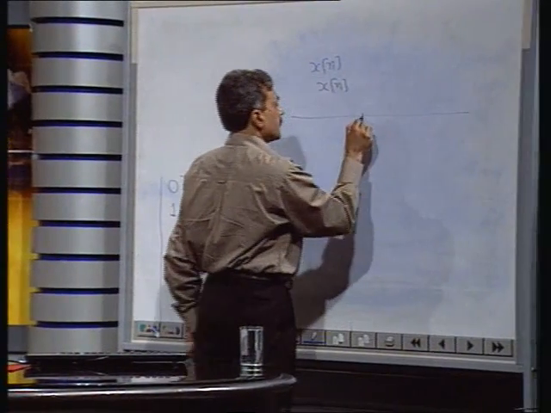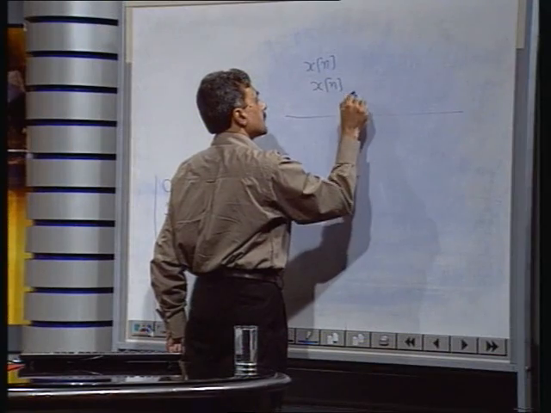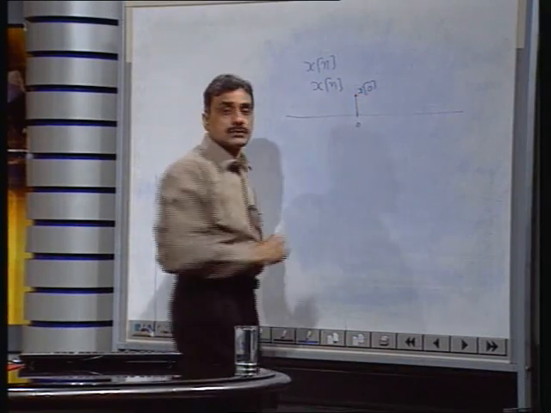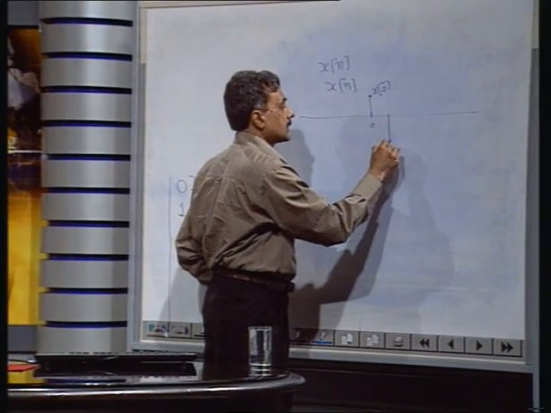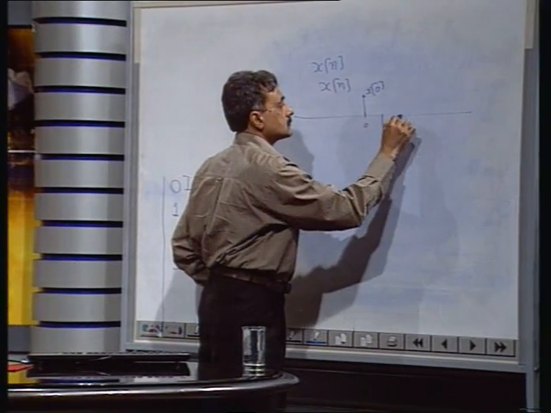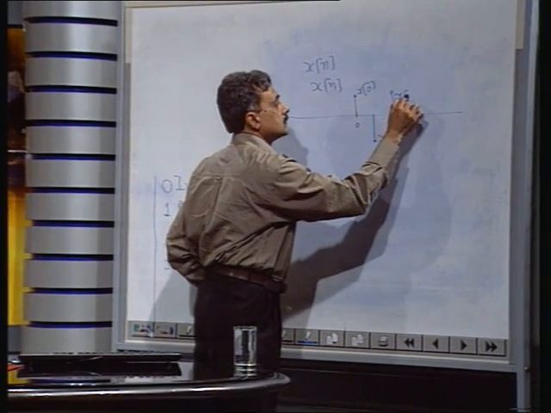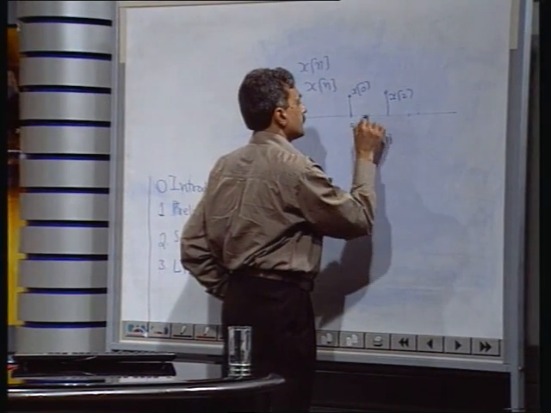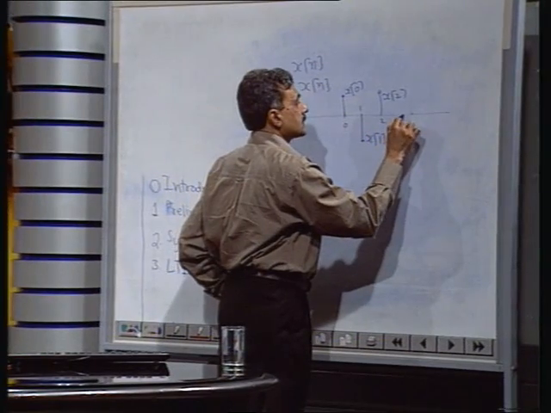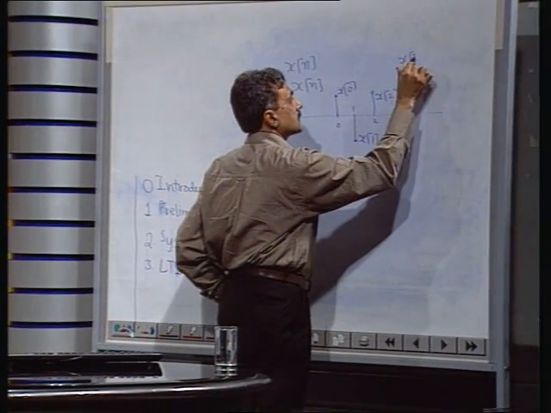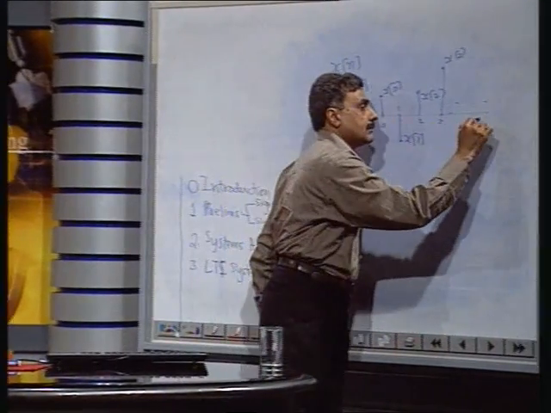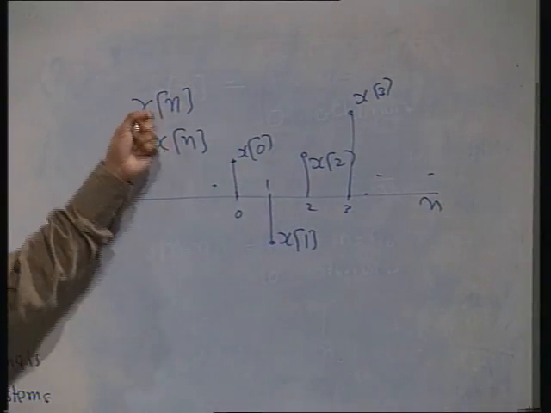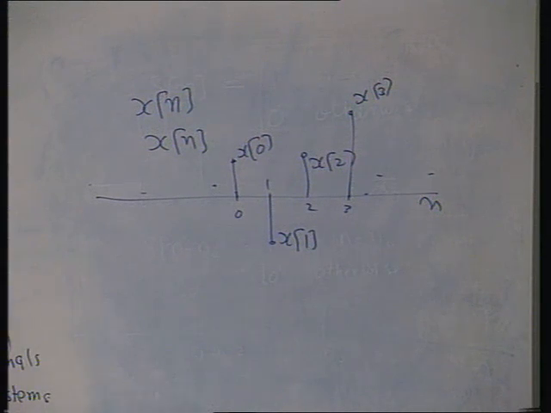Suppose at n equal to 0, its value is something, let me call that value x of 0. At n equal to 1, it has some other value, let us call it x of 1. Then x of 2. At 3, it has some other value, so x of 3, and so on, as a function of n. This is how I can plot any arbitrary discrete time signal x of n.